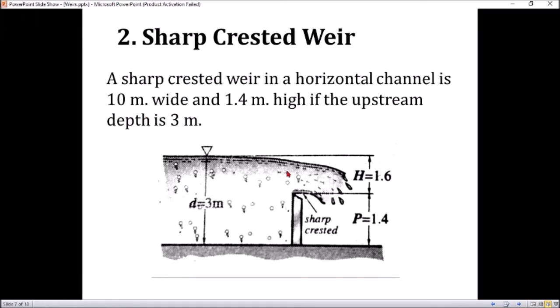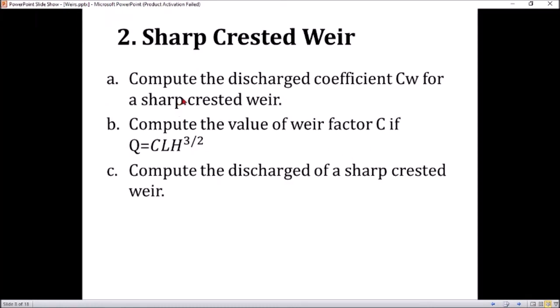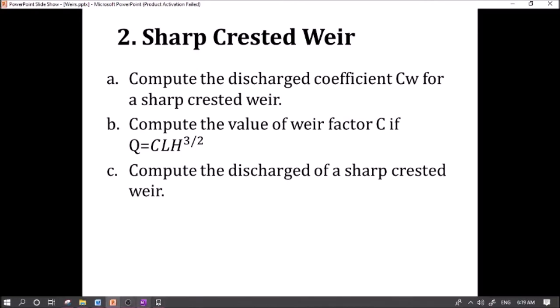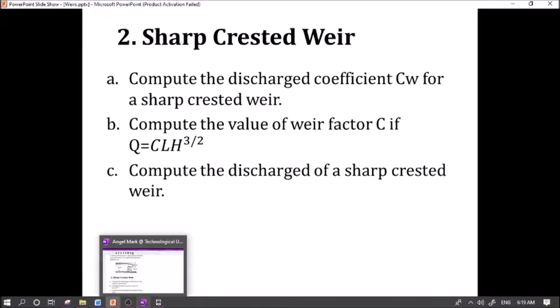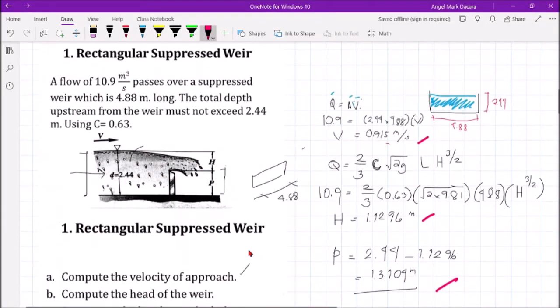And 1.4 meters high, so that is given. If the upstream depth is 3 meters, then we already know the head of water above the crest of the weir. It says, compute the discharge coefficient CW for a sharp crested weir. So most probably, what it asks to compute is this.